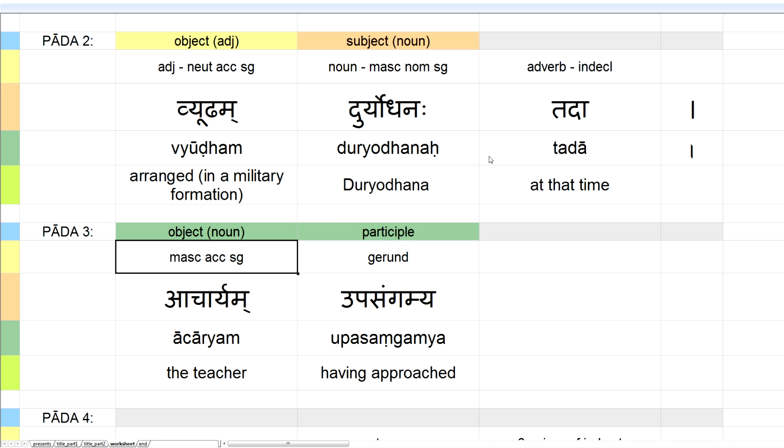So this is an object noun. Now the question is simply, where does tada belong? Does tada belong to duryodhanah, or does it belong to this green clause? There are different arguments for both.